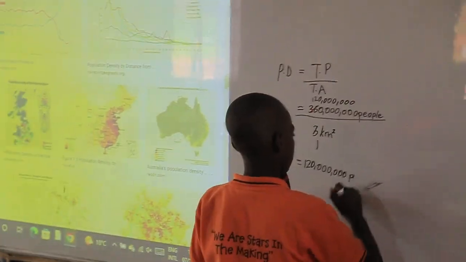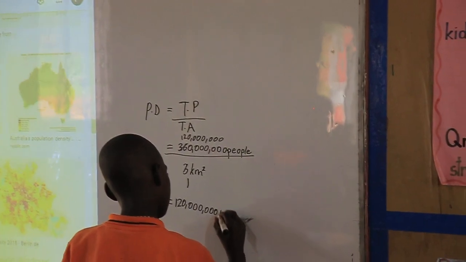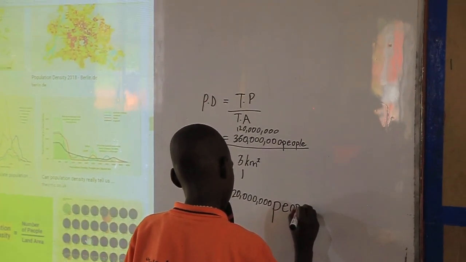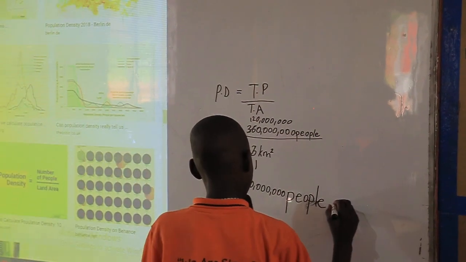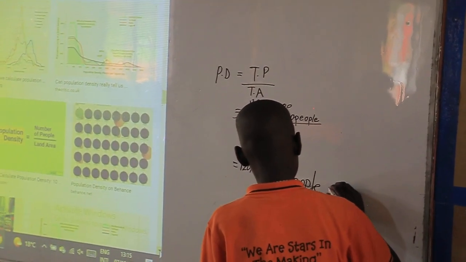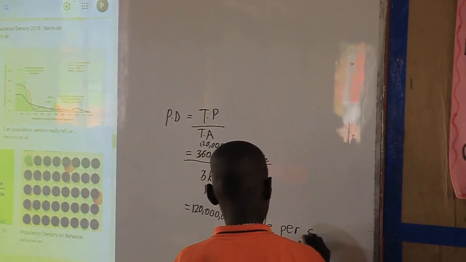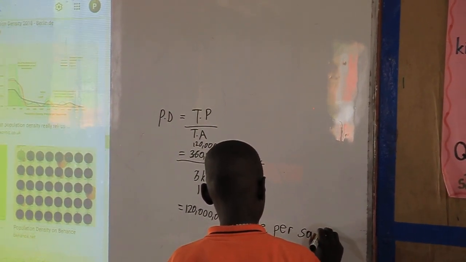Can you make them big? 120 million people per square kilometer.